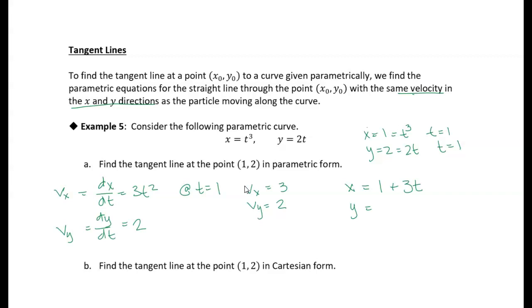And then for y, we're going to start at 2 and travel at a rate of 2 units for every unit of time. So these are parametric equations for a tangent line to the parametric curve at the point (1, 2), because they pass through the point (1, 2) with the same velocity at that point as the original parametric curve.